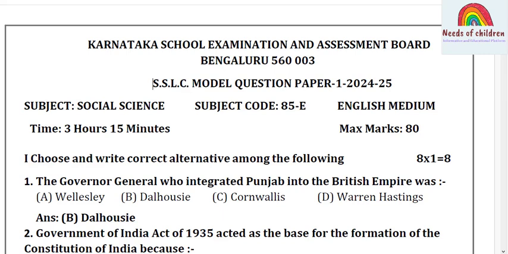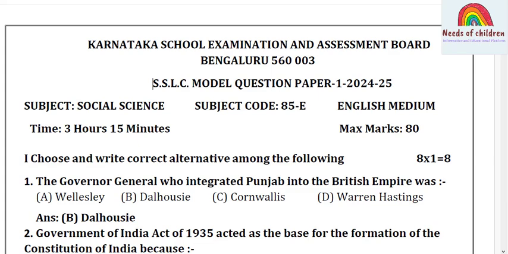Option C, Cornwallis. Option D, Warren Hastings. This question is from history, the extension of British rule in India. The second lesson in history, you need to concentrate on for multiple choice questions. The right answer is option B, Dalhousie. The Governor General who integrated Punjab into the British Empire was Dalhousie.